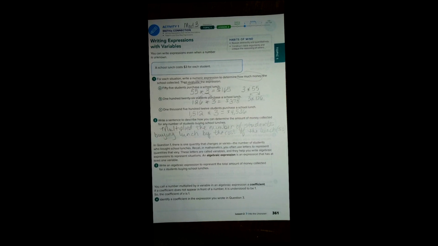Okay, it says in question 1, there's one quantity that changes or varies, and it's the number of students who bought school lunches. Recall in mathematics, you often use letters to represent quantities that vary. These letters are called variables, and they help you write algebraic expressions to represent situations. An algebraic expression is an expression that has at least one variable.